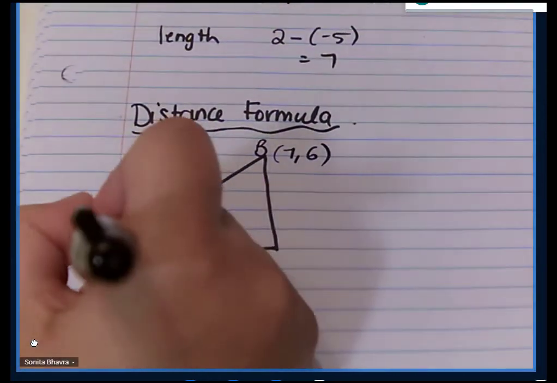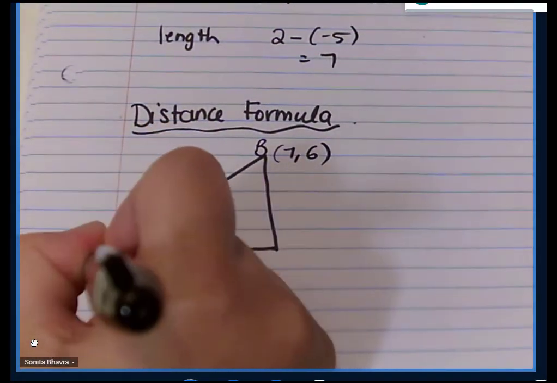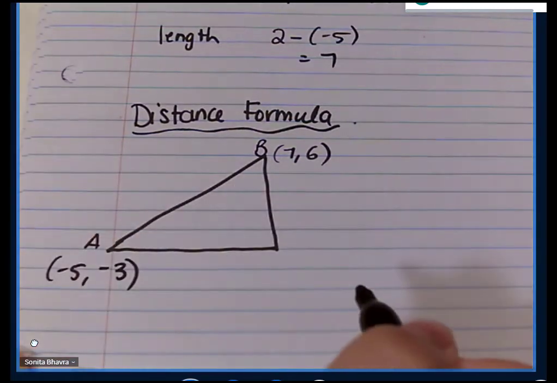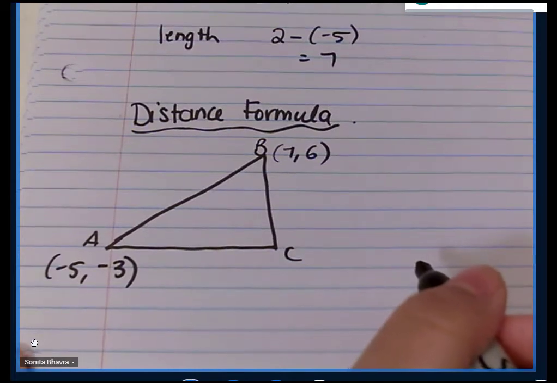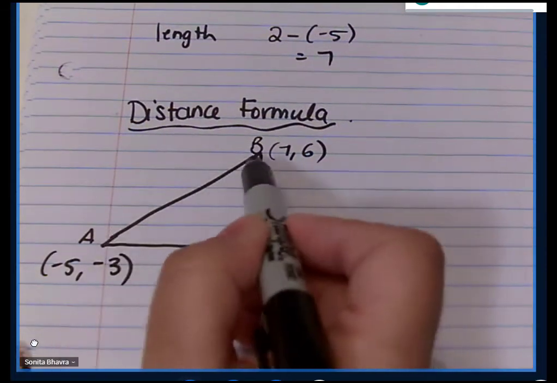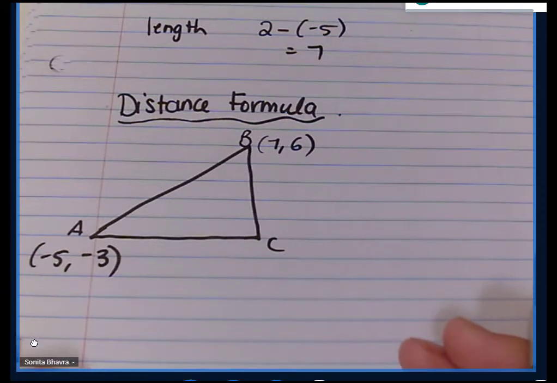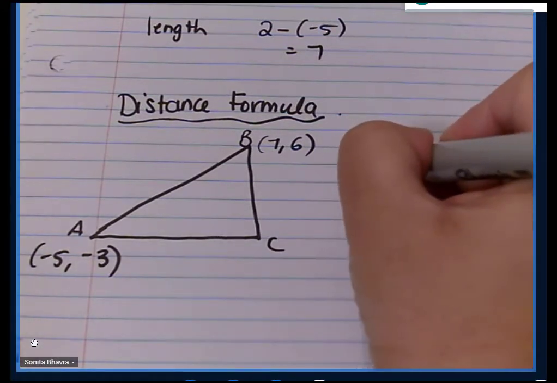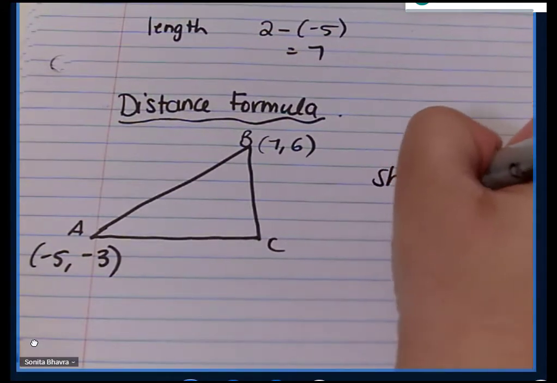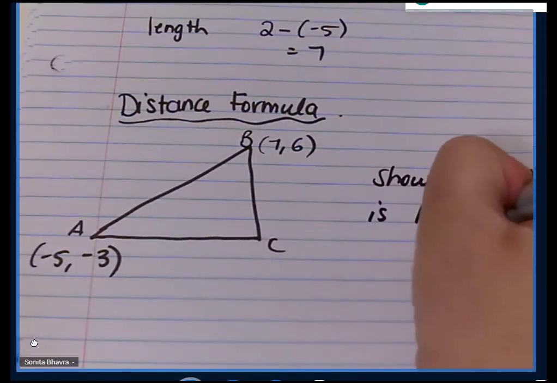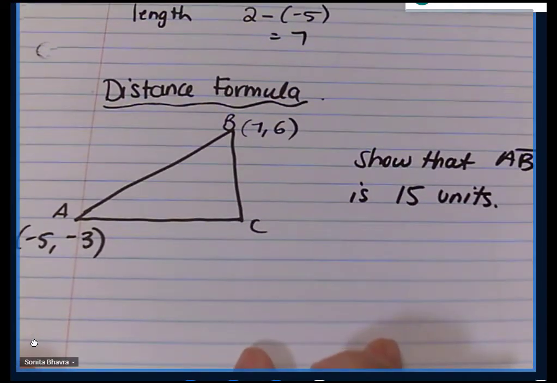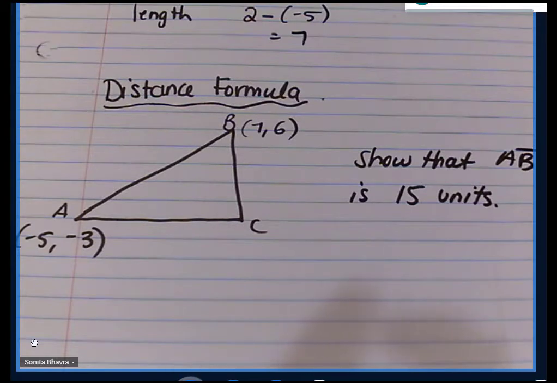And we have a point here, A, it's -5, -3. And then we're just given a point C. And we have to show that the length of AB is 15 units. It is a right triangle, so we can use the Pythagorean theorem here to do that.